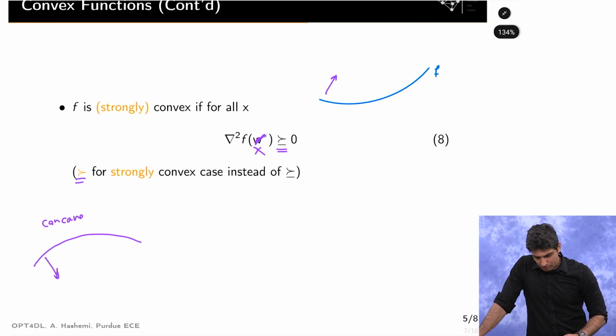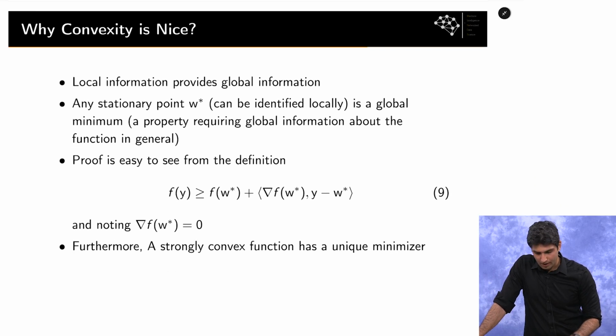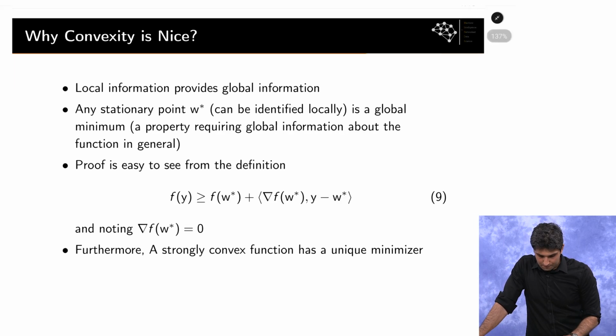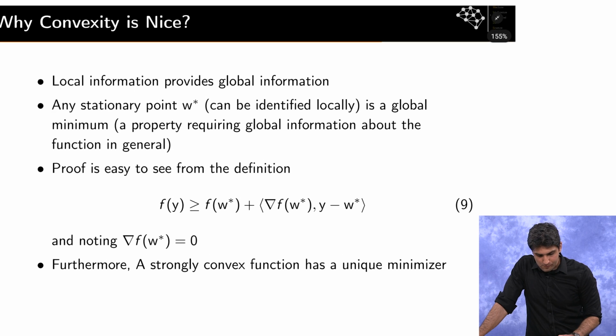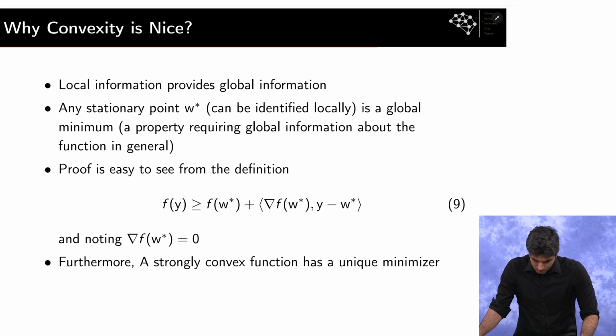All right. So we spent a little bit talking about convex functions. And the reason for that is that convex functions are very, very nice in some sense. That is to say that if I have some local information about the quality of the solution, that local information provides certain global information.